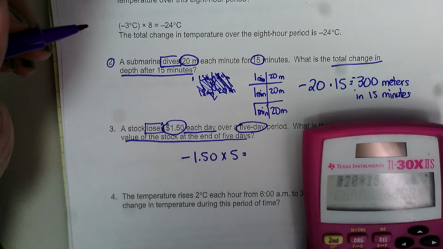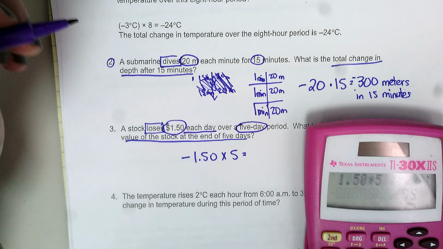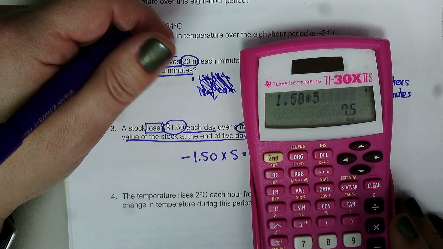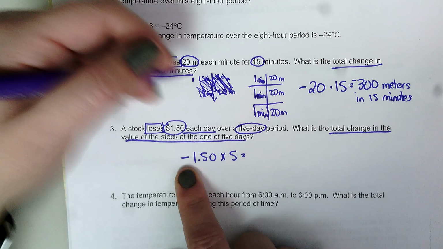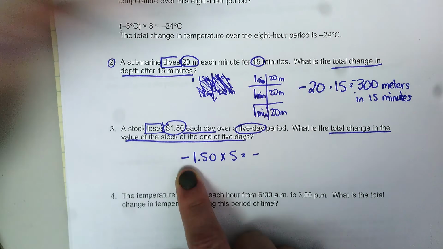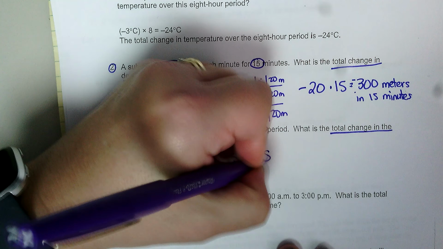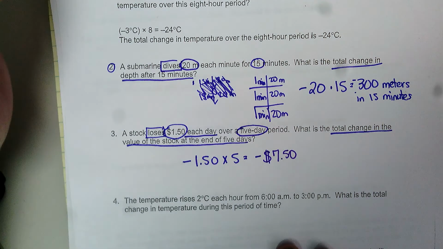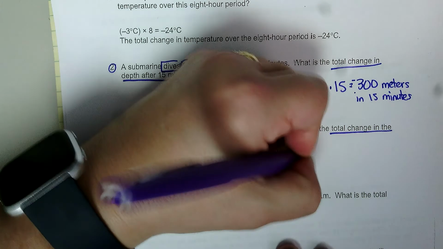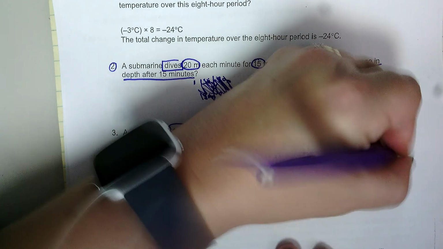So now you have 1.50 times 5, and that's going to give you 7.5. So it's actually negative, okay? So I'm going to write negative. It says, what is the total change in the value of the stock? So it's negative, not just 7.5, but $7.50 at the end of 5 days.